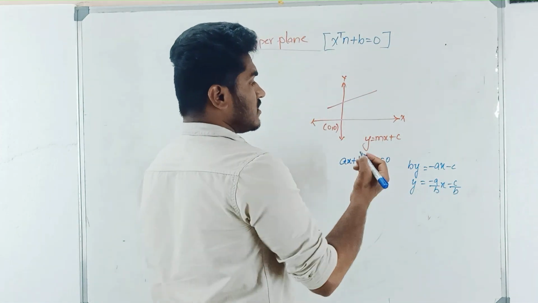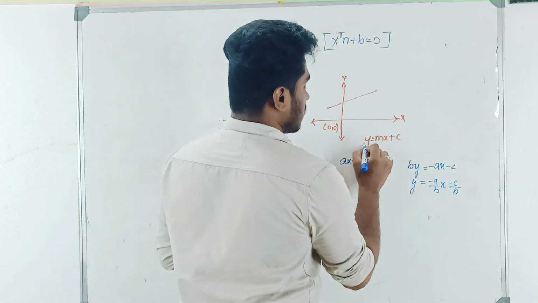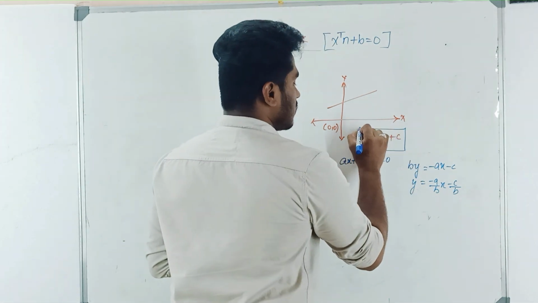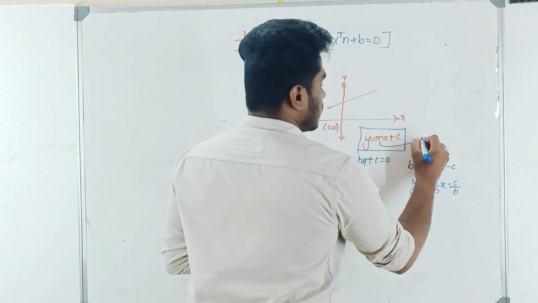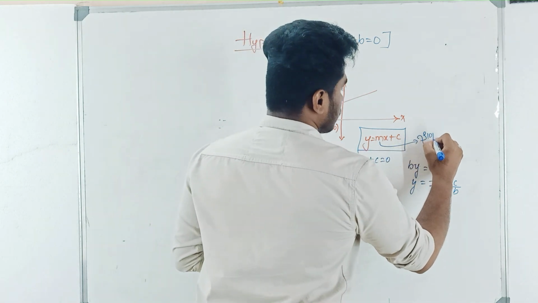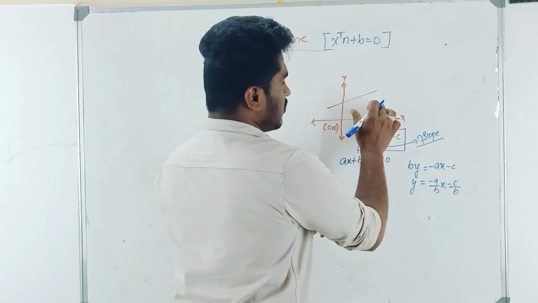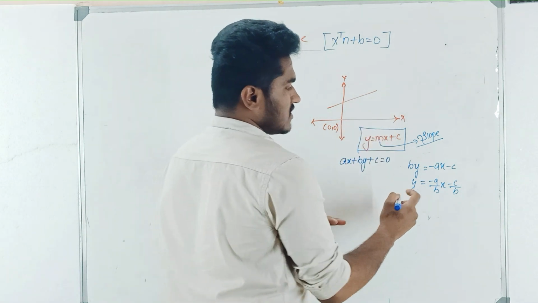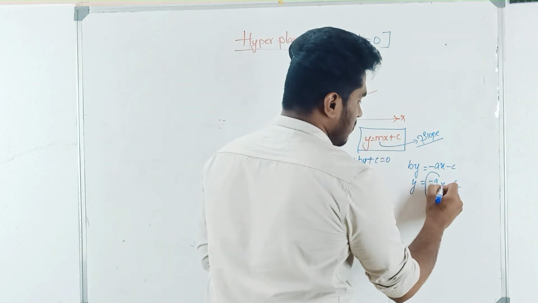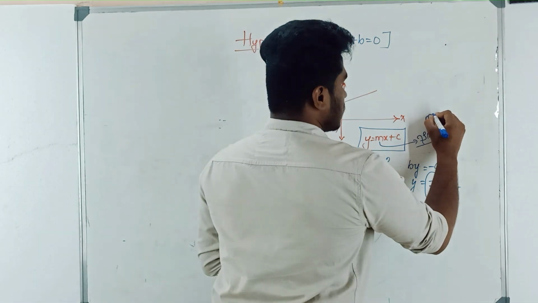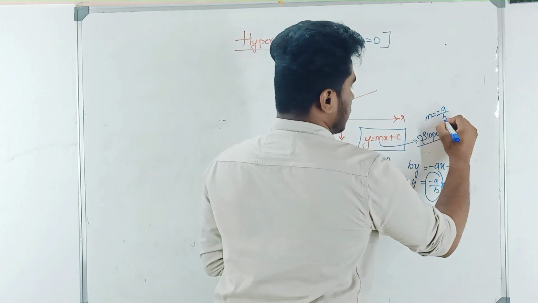As we know, in the slope intercept form of this line, m represents the slope. So if I want to find the slope, m equals minus a by b.